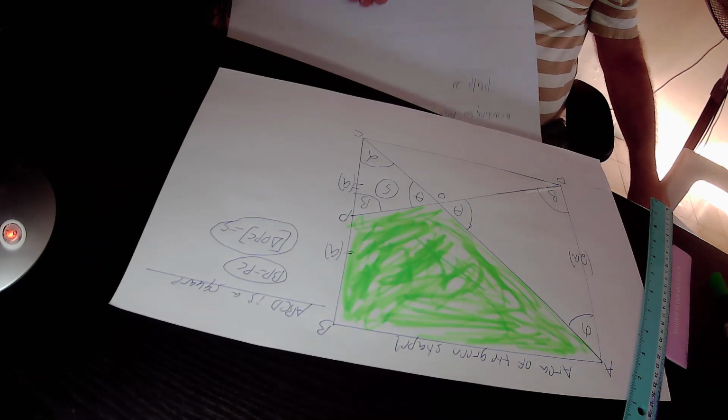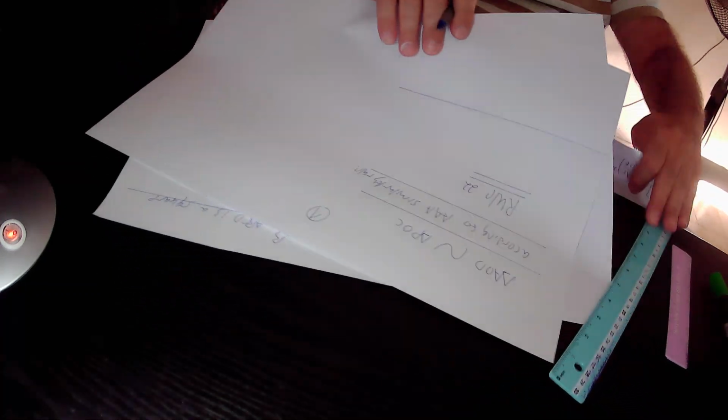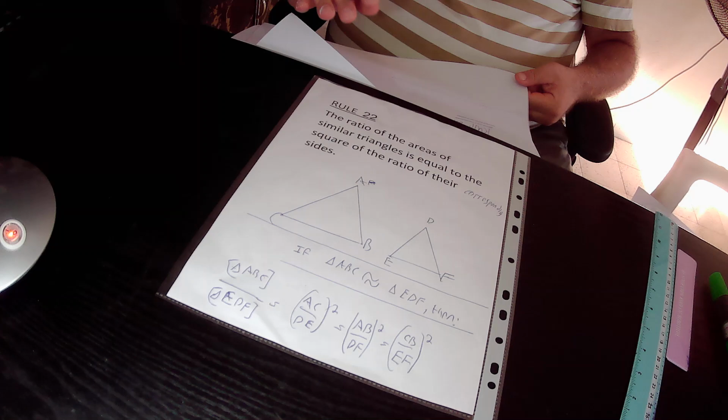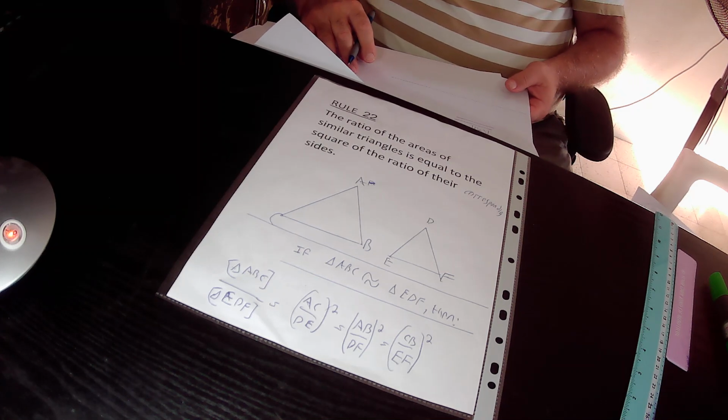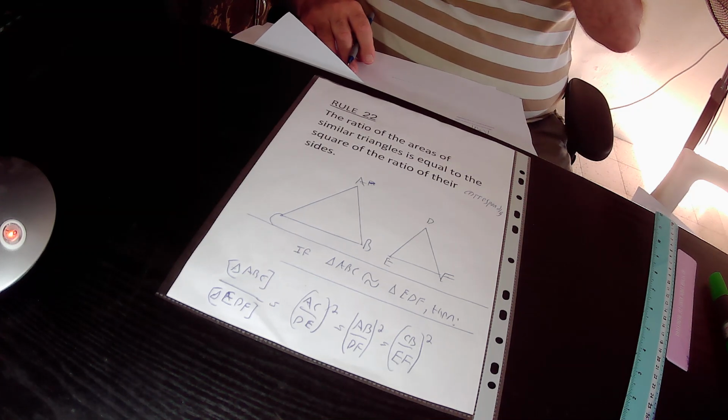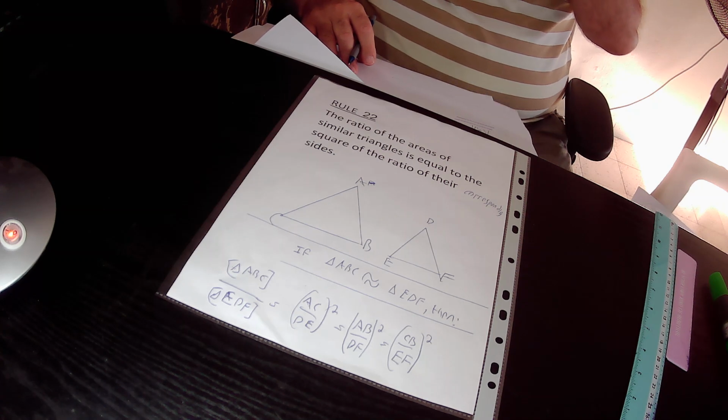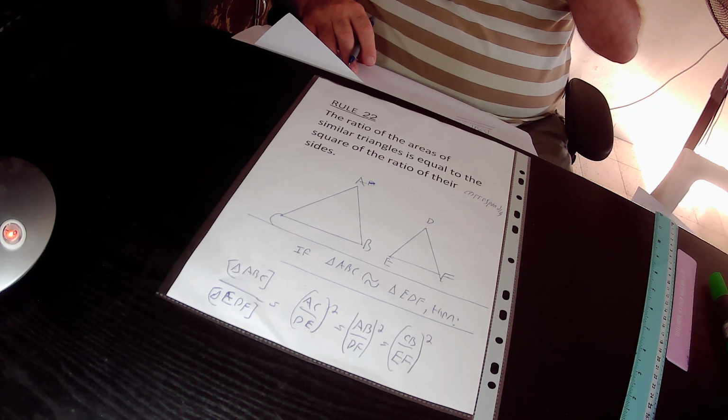According to Rule 22, the ratio between the areas of similar triangles is equal to the square of the ratio of their corresponding sides.